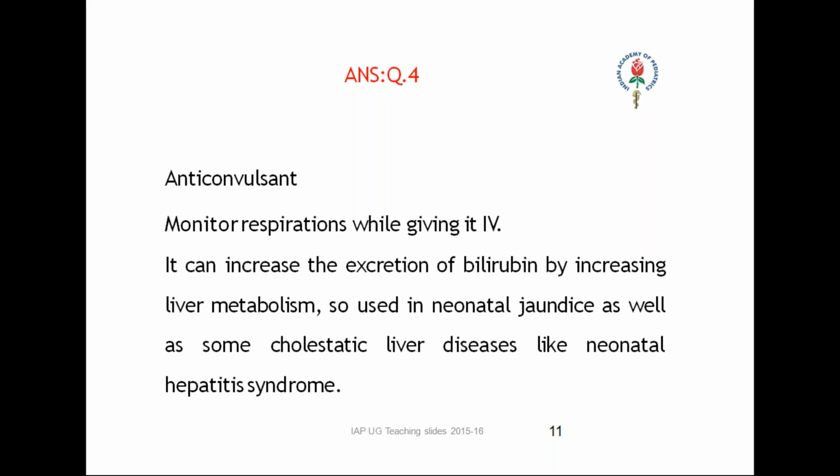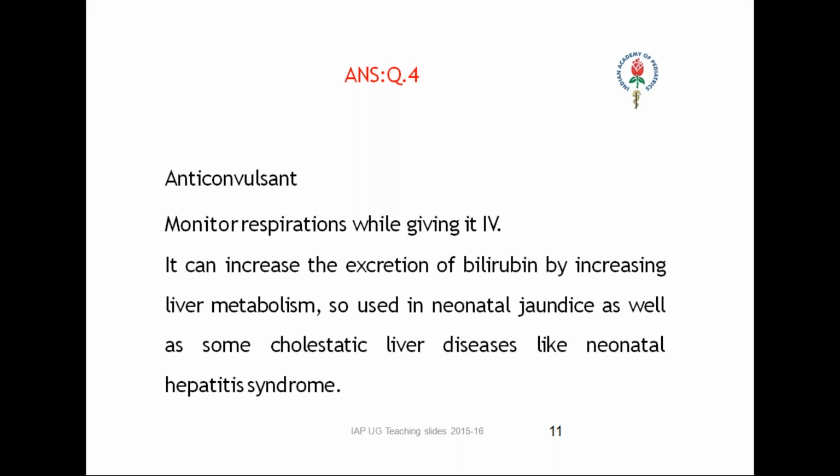The dose is 15 mg per kg per day, followed by your maintenance dose of 3 to 5 mg per kg per day. What are the other uses along with convulsions? That is hyperbilirubinemia. Why? This is an enzyme inducer. It can increase the excretion of bilirubin by increasing liver metabolism. So it is used in neonatal jaundice as well as in some cholestatic liver disorders like neonatal hepatitis syndrome.